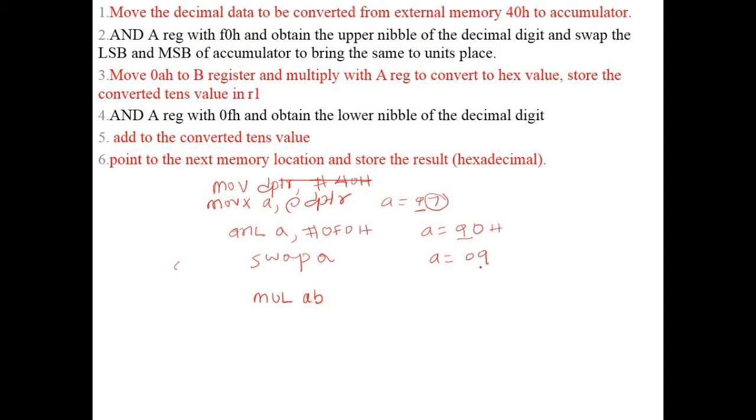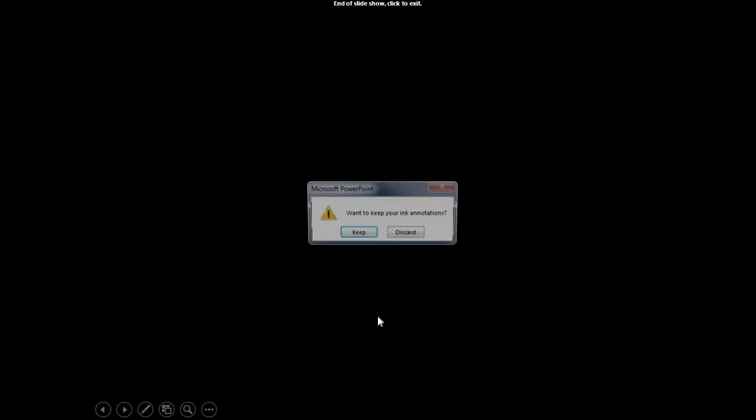A is having 09, but we need to move 0AH to the B register, so we use the instruction MOV B, #0AH. If we do MUL AB, we are multiplying 09 with 0A. Now we'll see what result we get.